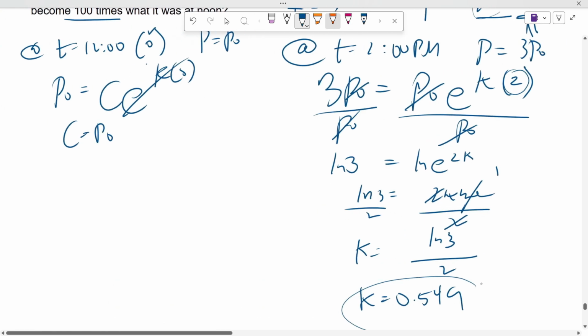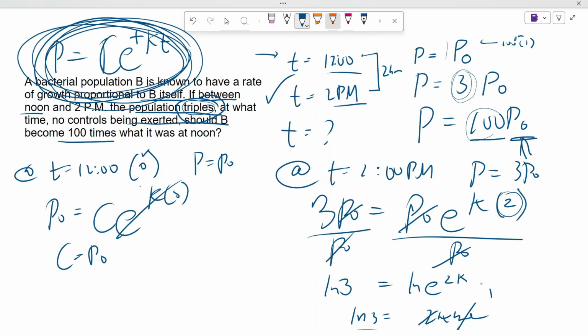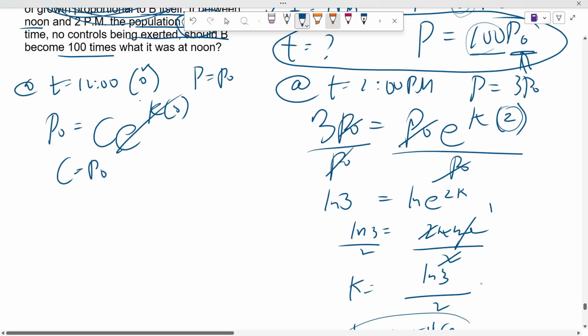Okay, next, third condition. At time unknown, the population is 100 times.